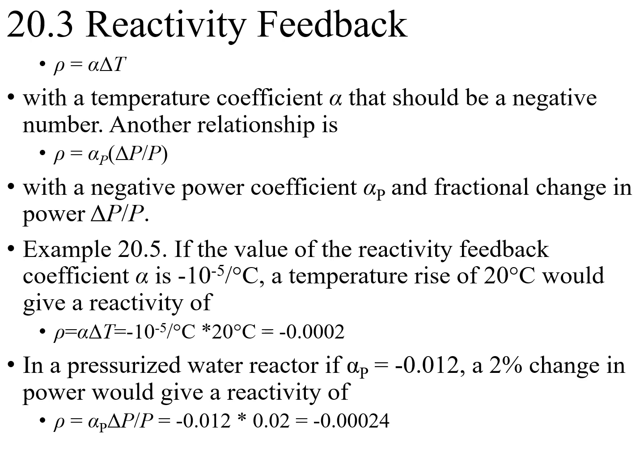Then your reactivity rho can be calculated as rho equals alpha times delta T. We have another relationship, called alpha P. Alpha P and alpha are not the same value. Alpha P is used with the change of the power, whereas alpha is used for the change of the temperature.